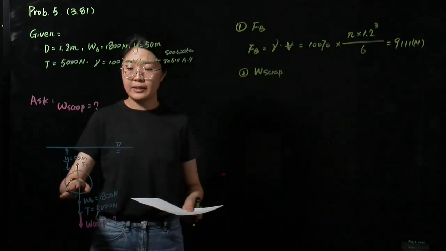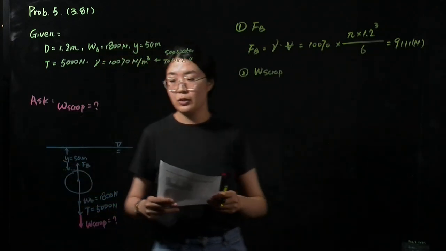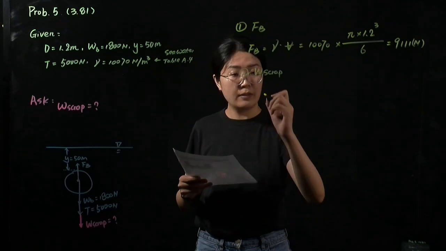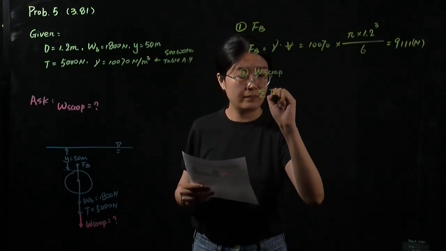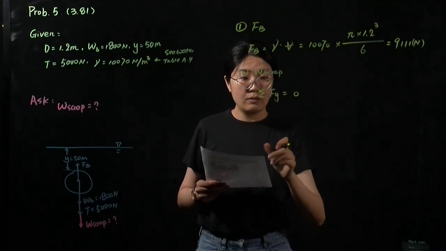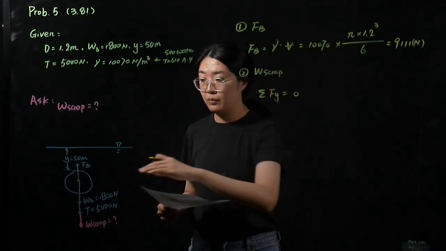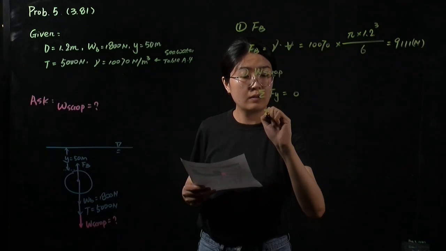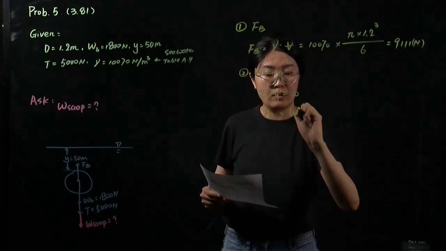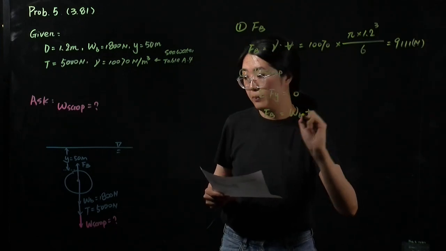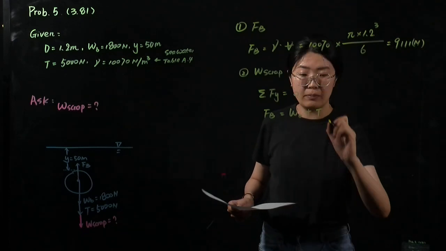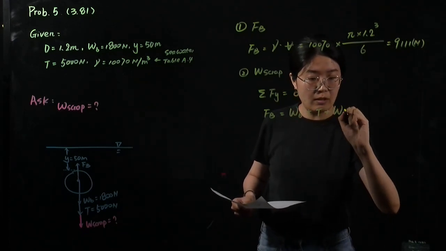Because this sphere is in a stable situation, the net force exerted on this sphere should equal 0. So we know the buoyant force should equal the weight of the sphere plus the force exerted on the anchor chain plus the weight of the scrap.